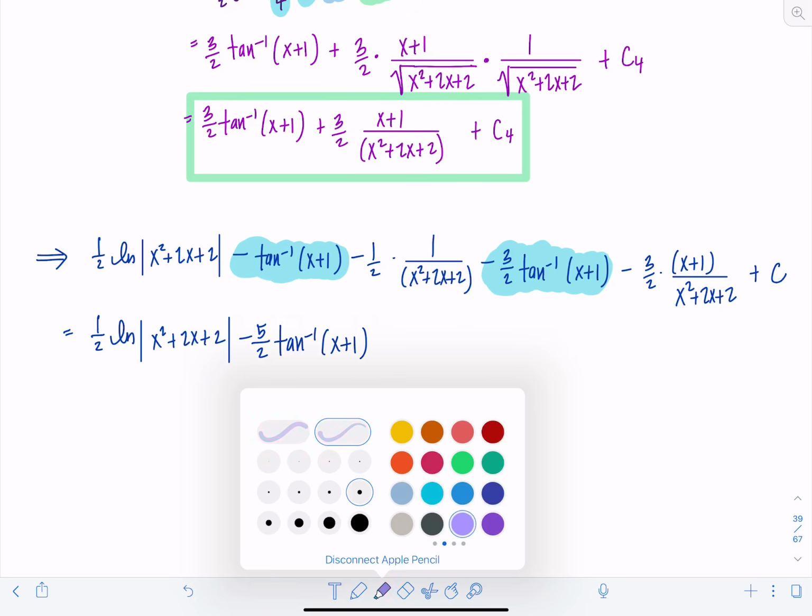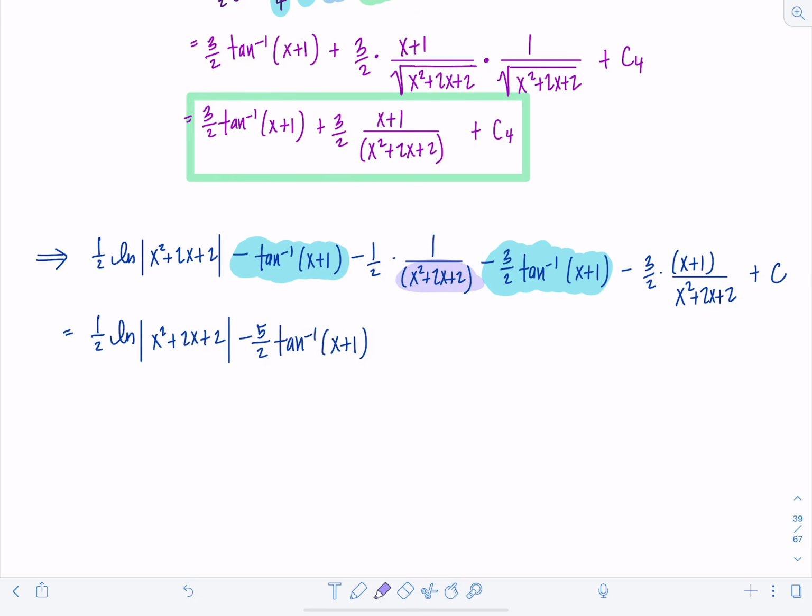And then these two terms have the same denominator, 2 times x squared plus 2x plus 2. So if I combine the numerators, check this out. This is -1. This is -3x minus 3. So it's all negative. So let me just factor out the negative. You have 3x and 4 left over.